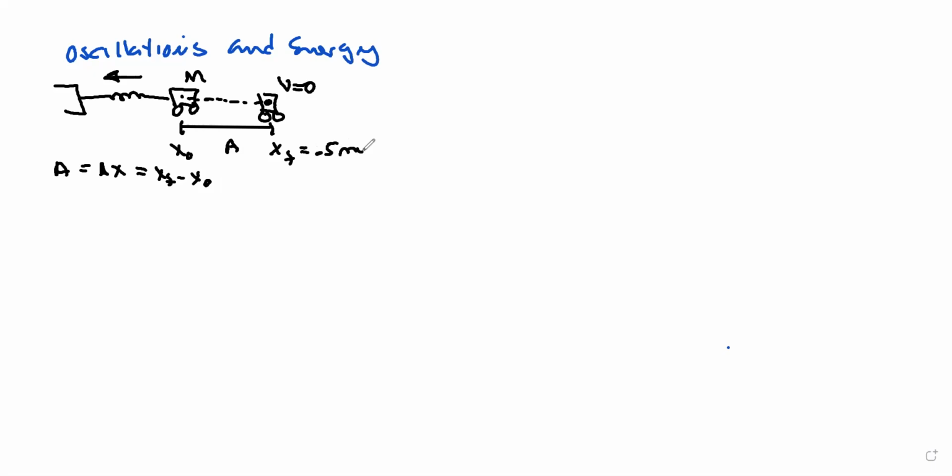So what do we want here? We want the total energy of this mass spring system, which is a mechanical system. We also want the velocity when the particle passes through the equilibrium point, x sub naught.